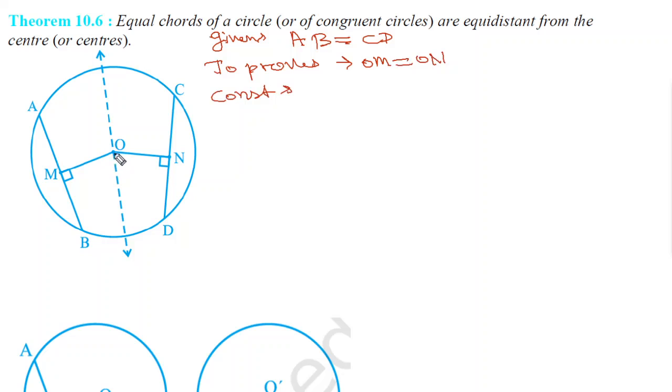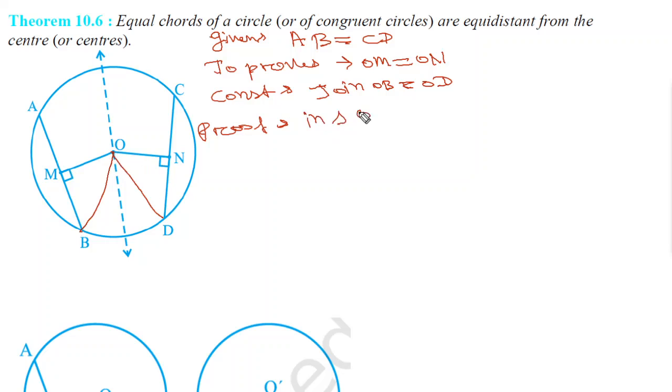Now we'll move to the construction. Here we have to construct, or join, OB and OD. Now we'll move to the proof part. In the proof, we will take these two triangles, triangle OMB and triangle OND.